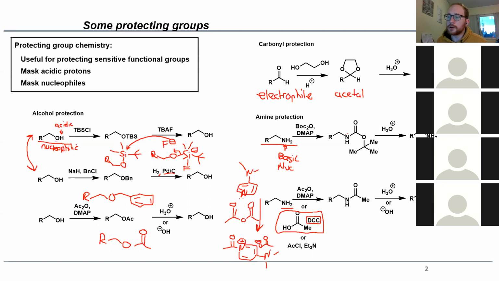If you are using Lewis acid catalysts and you note that you have these Lewis basic groups here, like the alcohol and the amine, then you want to protect them in order to not shut down your Lewis acid catalyst. So those are two times I'm normally thinking about protecting my functional groups here. When I'm thinking about protecting carbonyls, it's about making sure that they're not electrophilic.